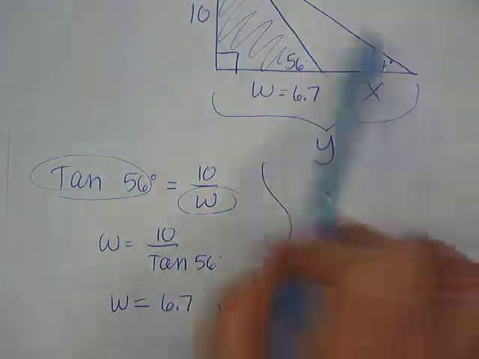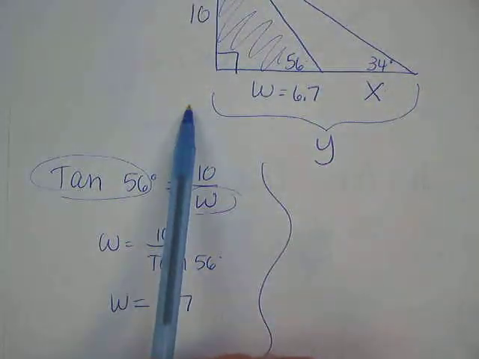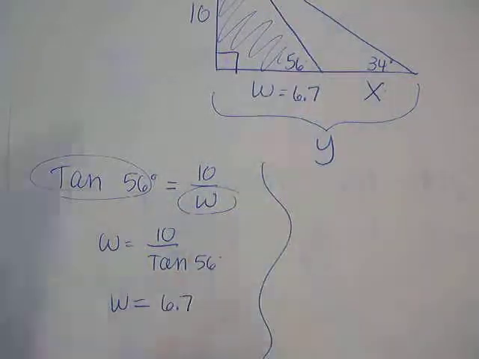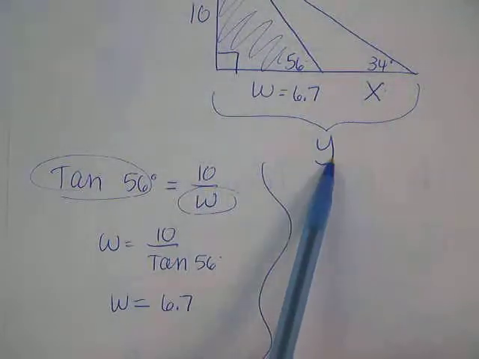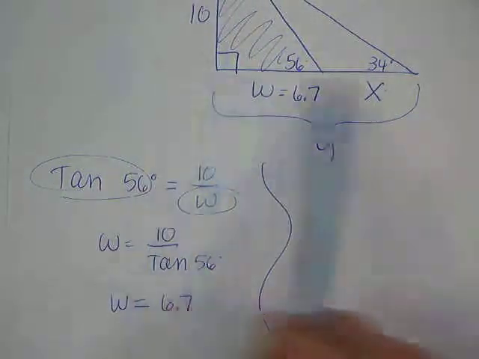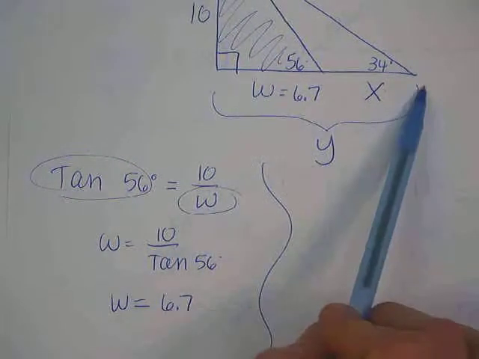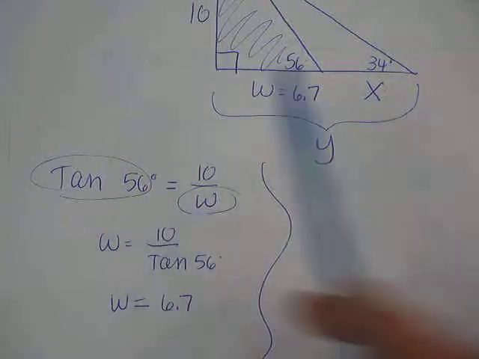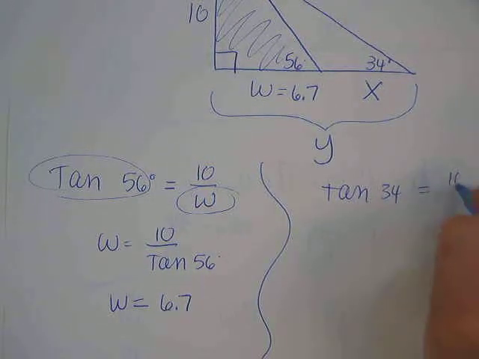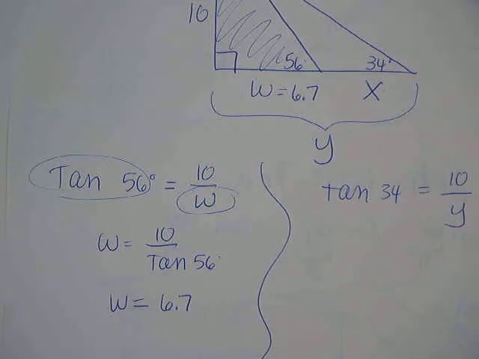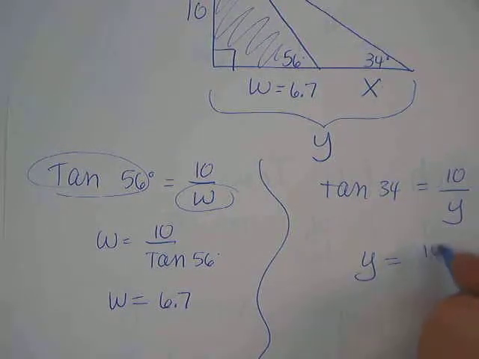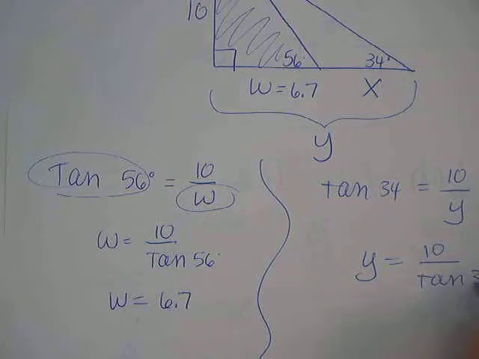Okay, so we just found that length. But remember, tan 34 has to be used with the entire right triangle. Okay, you can't use it just to get x. So we're going to use 10 and y. And since for 34 the opposite is 10 and the adjacent is y, it's going to look just like this. But we're going to say the tangent of 34 equals 10 over y.